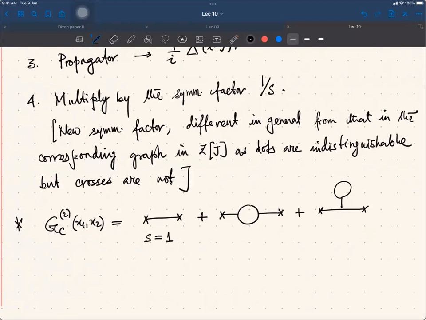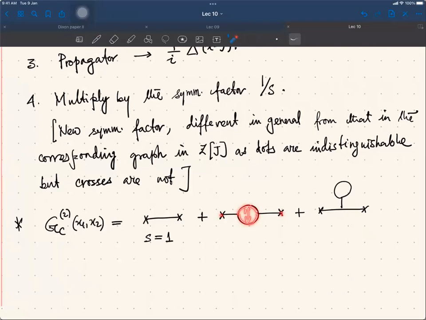This symmetry factor will be 1, because when we had the term in Wj with dots, it had the interchange symmetry, which gave a factor of 2. That symmetry is eliminated because these 2 points are distinguishable. Similarly, here we had the interchange of the 2 dots and the interchange of these 2 lines.